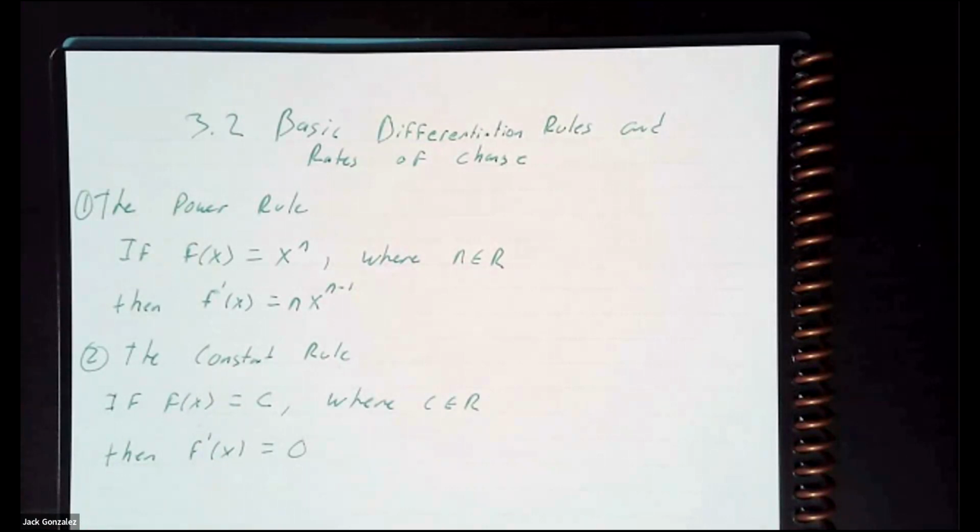The derivative is the slope of the tangent line, and it's also the rate of change of a function at a certain point. So the rate of change of a constant is 0 because it's not changing, hence the word constant, right?